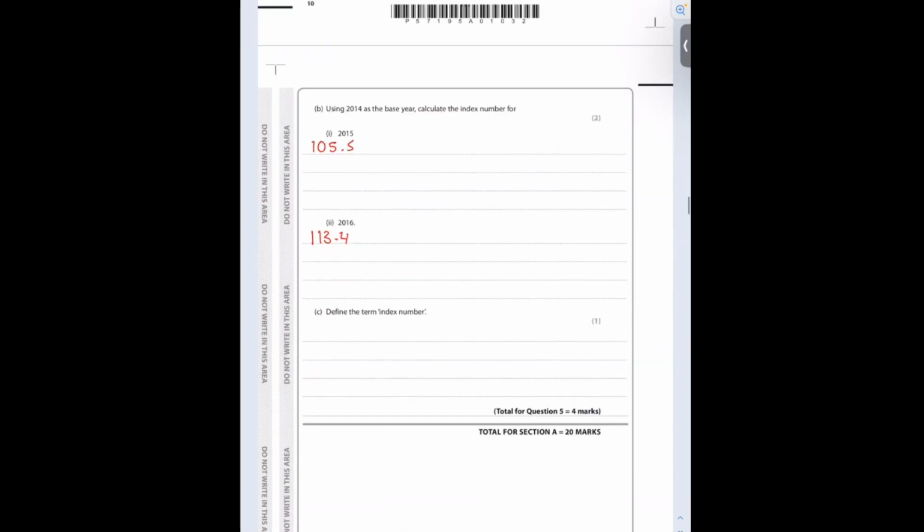Okay, and then the last question, define the term index number. So we could say that index number reflects the percentage change in price, quantity, or value, maybe, from the base year.